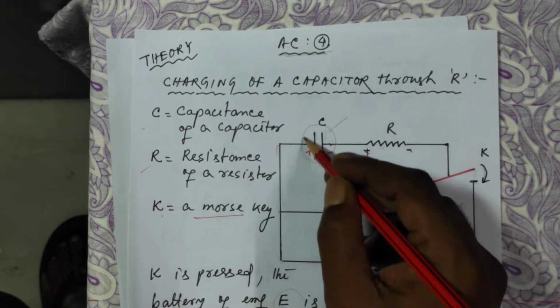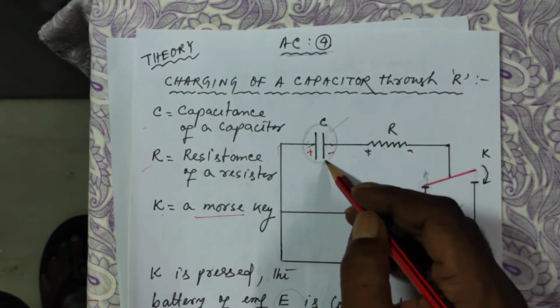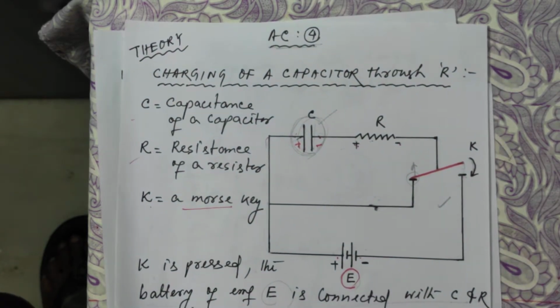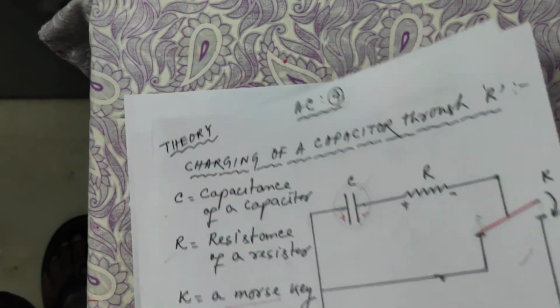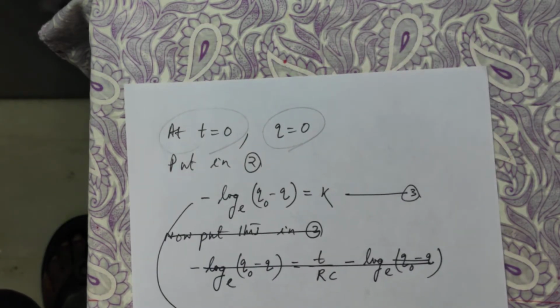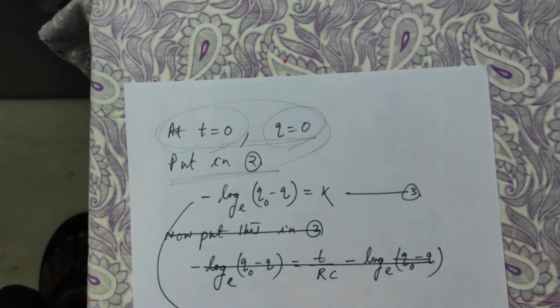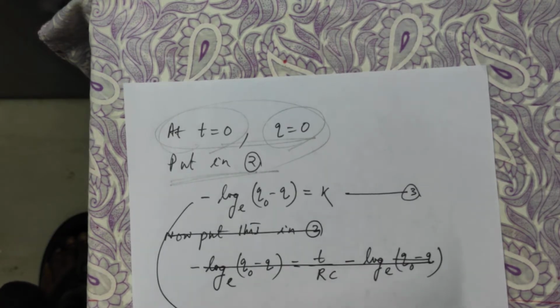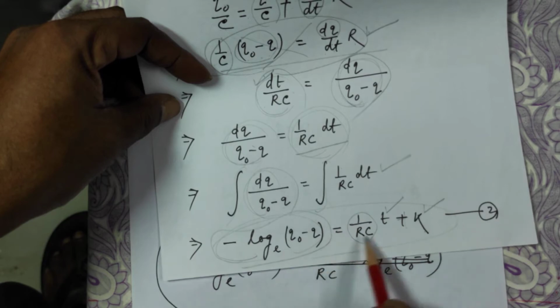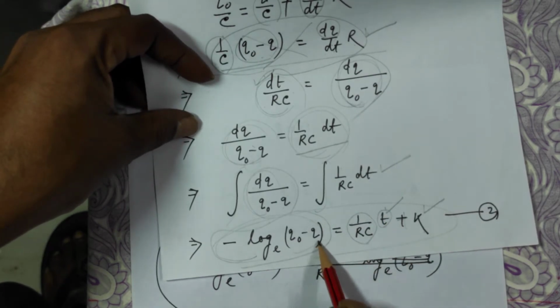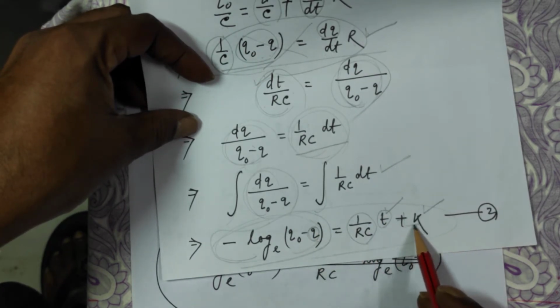At t is equal to 0 there is no charge; as t increases, the charge will increase. So at t is equal to 0, the charge on the capacitor is 0. Put this condition in equation 2: put t is equal to 0 and q is equal to 0. Then we'll find the value of k.